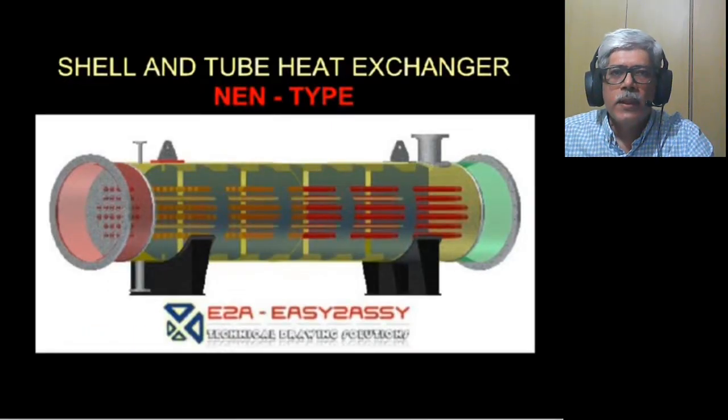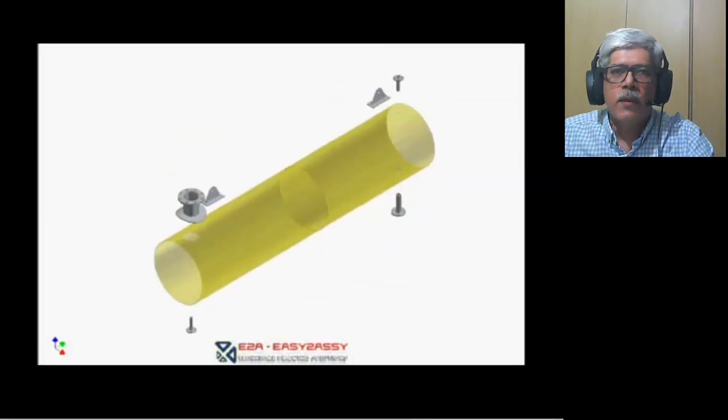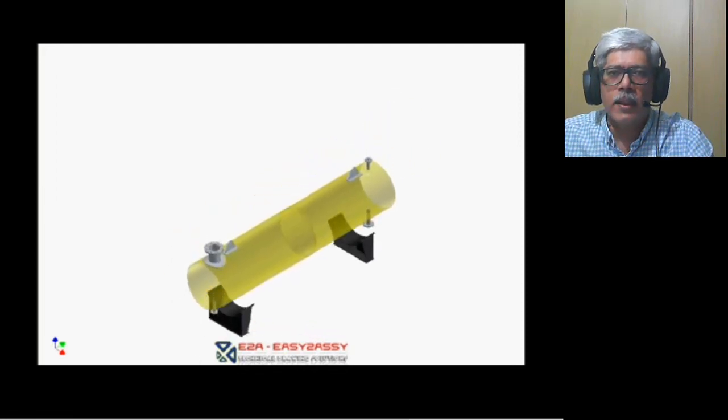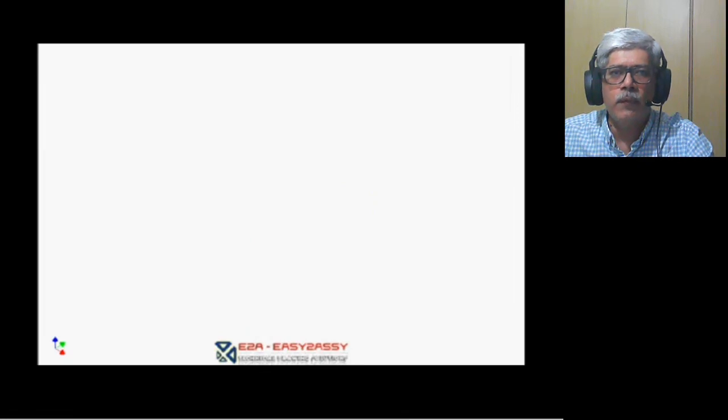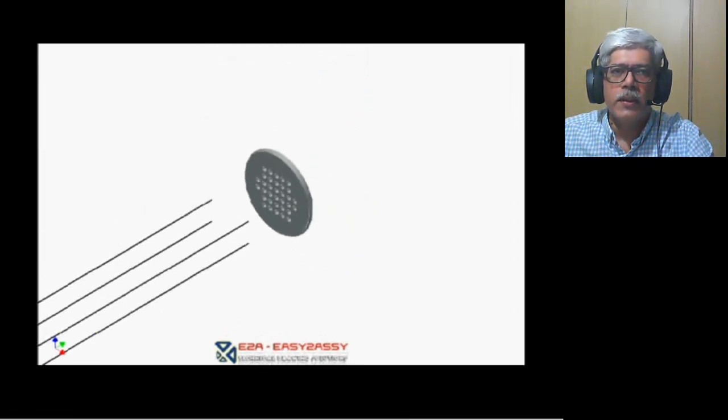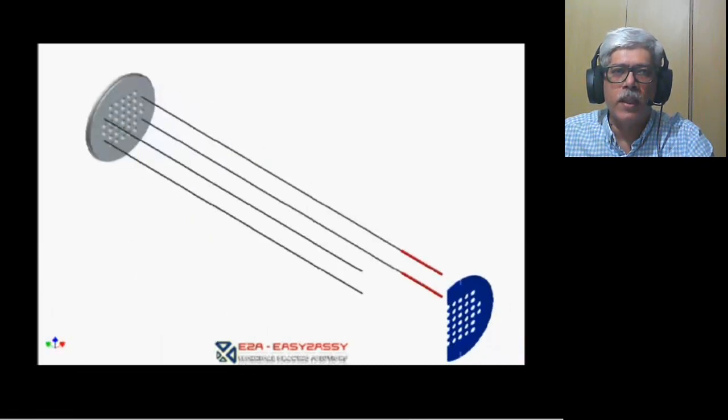In this video, we will see the construction of a type of heat exchanger. The first part is the outer shell, the body which is outside the tube bundle, which gets manufactured first. This is the tube sheet, so we are starting to manufacture the tube bundle.